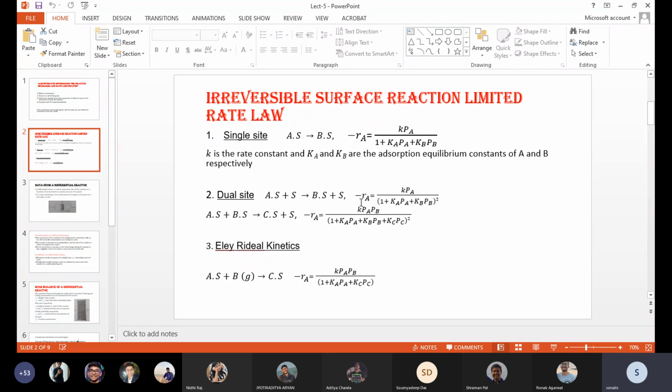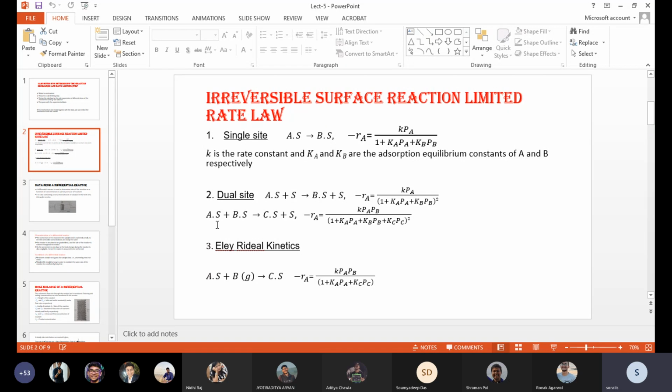So here minus rA is equal to kPA, it is irreversible, so only the forward reaction rate expression is given, kPA by 1 plus KAPA plus KBPB, as A·S and B·S both are adsorbed. But here, as two sites are involved, it is dual site, so a square term is coming here.